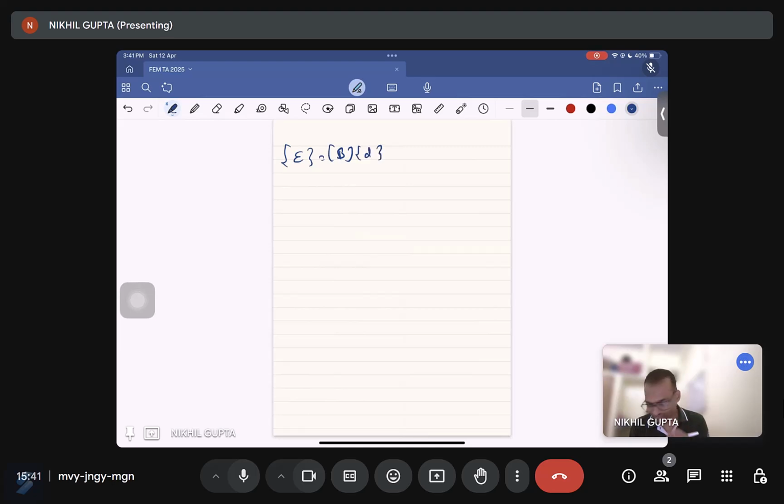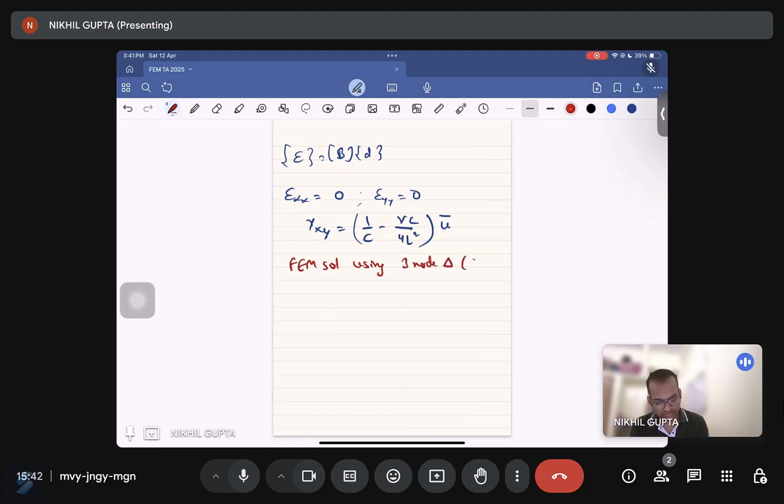So if we use the relation and get the epsilon, what we'll get is epsilon xx as 0, epsilon yy is 0, and gamma xy equals 1 upon c minus nu c 4l square u bar. So this is the FEM solution using the 3-node triangle, which is the CST element.